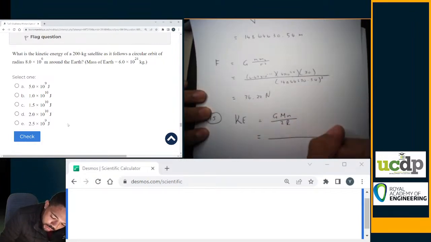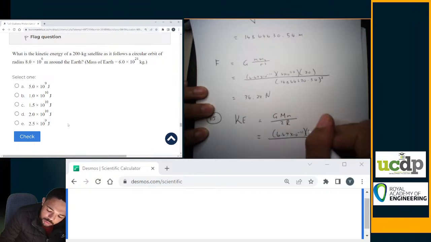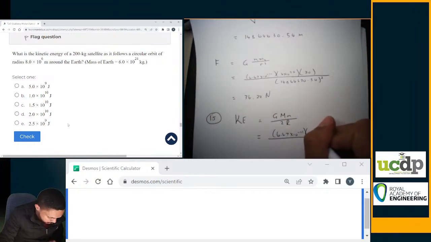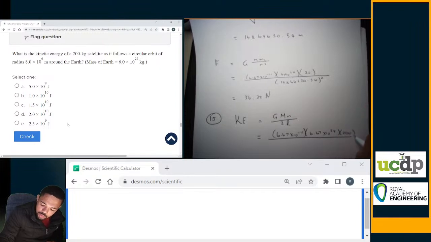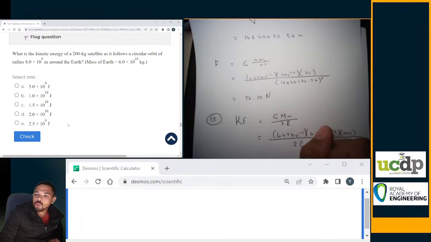So that is 6.67 times 10 to the negative 11 multiplied by the mass of the Earth, big M, which in this case is 6 times 10 to the 24, times 200, divided by 2 times the distance of their orbit, in this case r, which is 8 times 10 to the 6.